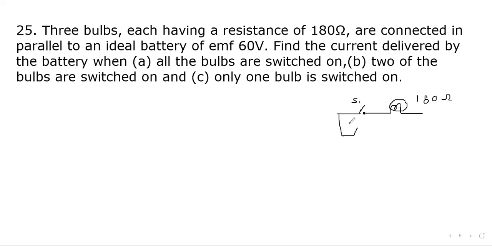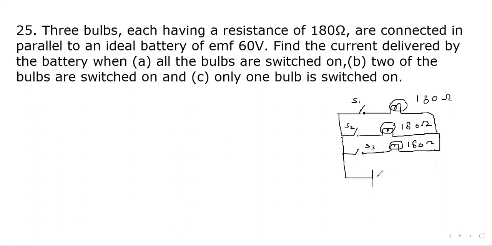There is another switch S2, and this is the second bulb, same resistance 180 ohm, and then there is switch S3, and here there is a bulb of the same value 180 ohm. These three are connected in parallel, and there is a battery of 60 volt here.